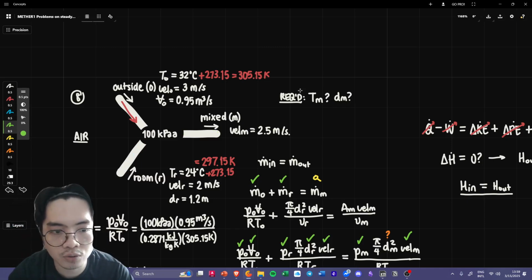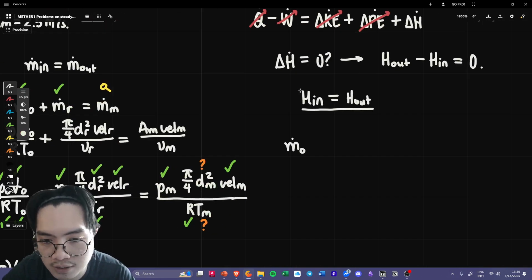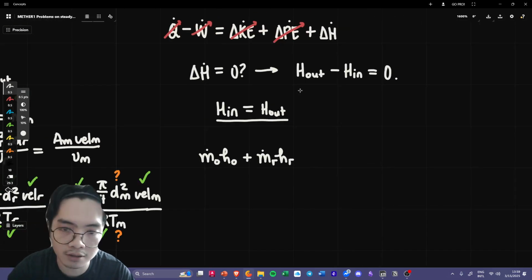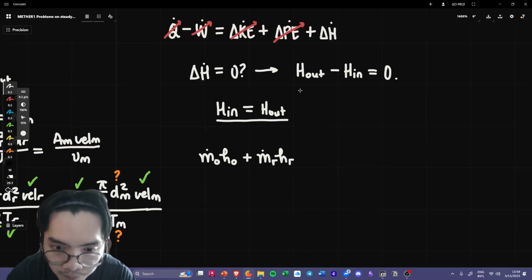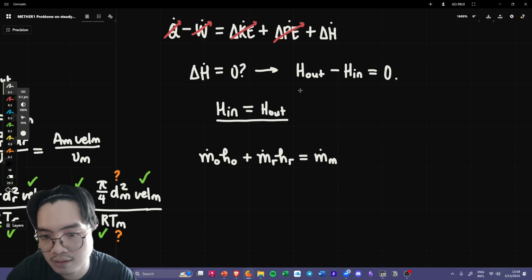And so now, we will put in here all of your outside air times the H of outside air plus the M of the room air times the enthalpy of the room air is equal to the mixed times the H of the mixed.